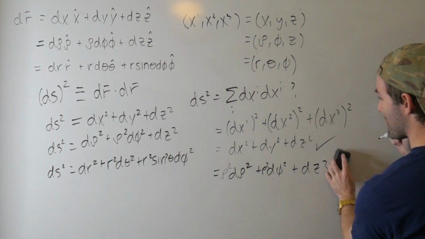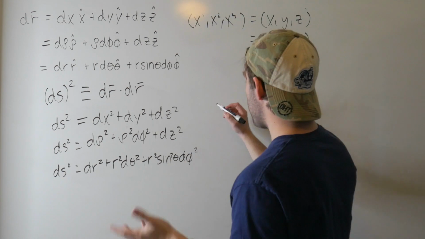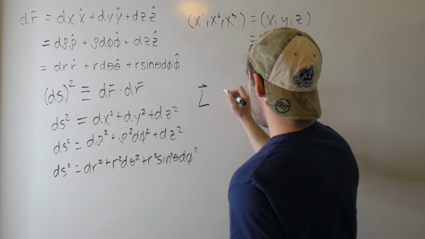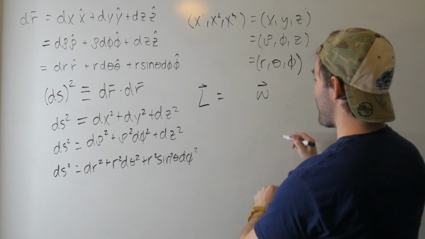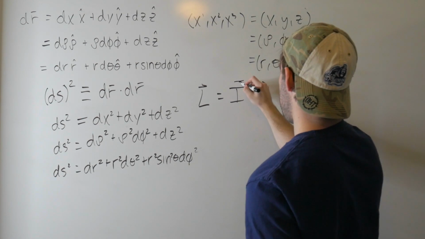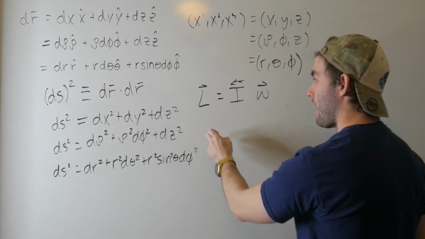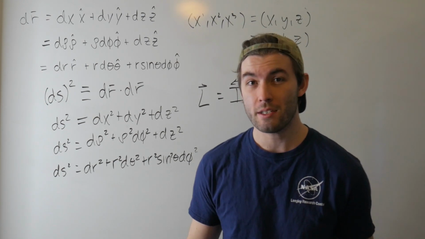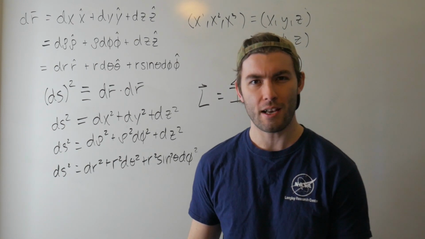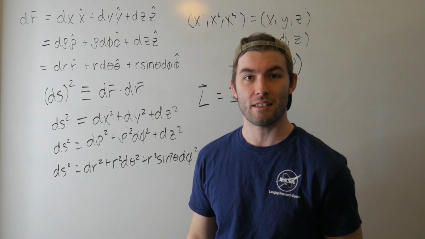It established this relationship between angular momentum and angular velocity such that when the angular velocity was acted on by the inertia tensor, it transformed it into the angular momentum. And the crazy thing about this is angular momentum doesn't have to be pointing in the same direction as the angular velocity. So we have this relationship between vectors that might not even be pointing in the same direction that are equal.